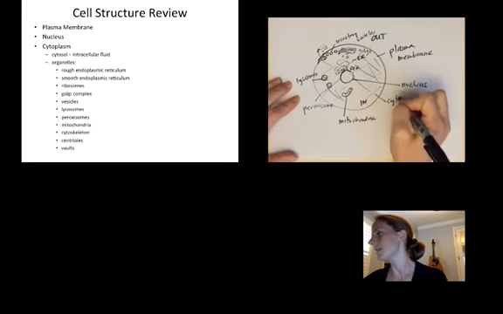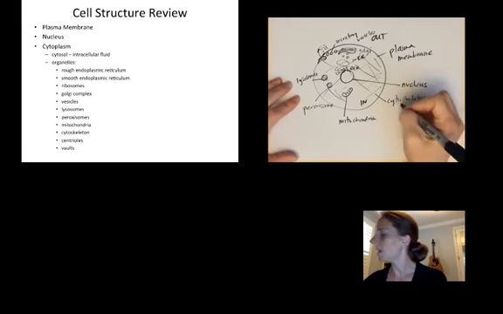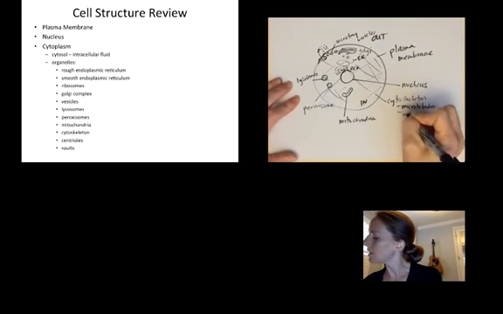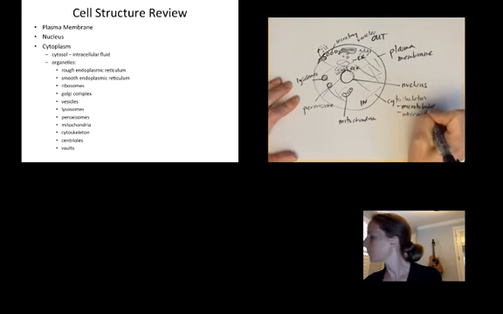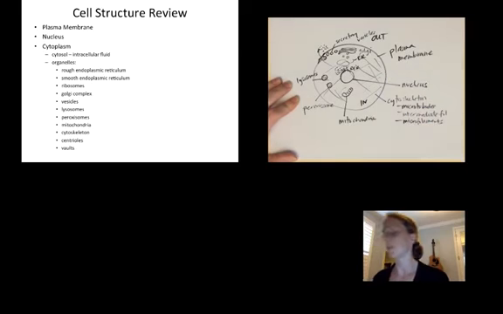Those are cytoskeleton proteins made up of microtubules, which are the largest, intermediate filaments, which are middle in size, and then microfilaments, which are the smallest.